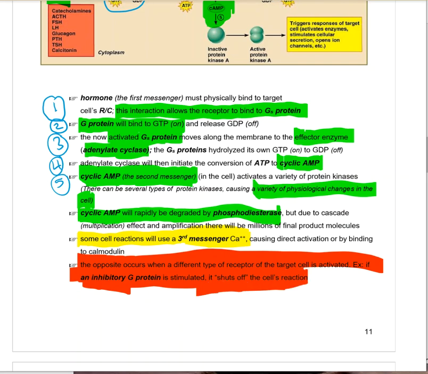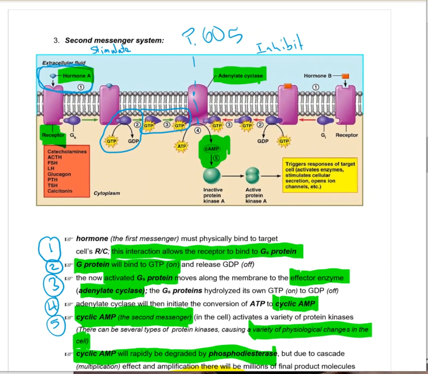So you don't need to necessarily know how this works, but if you go up here to the top, look at hormone B. Hormone B is going to make an inhibitory G protein shut off the adenylate cyclase. So every step will be the same like it was over here, but instead of a stimulatory protein, we're going to put an inhibitory protein here, and this will shut off the process from happening.